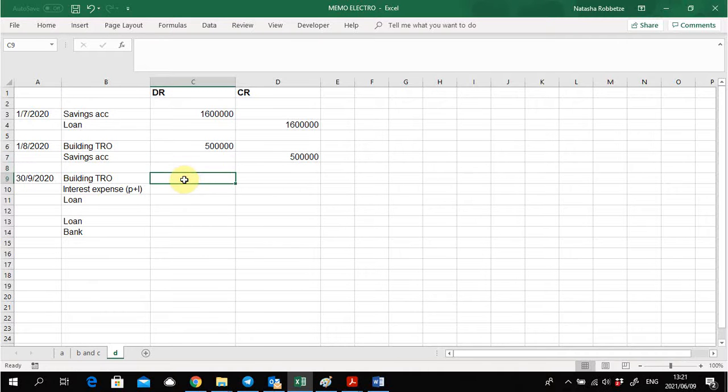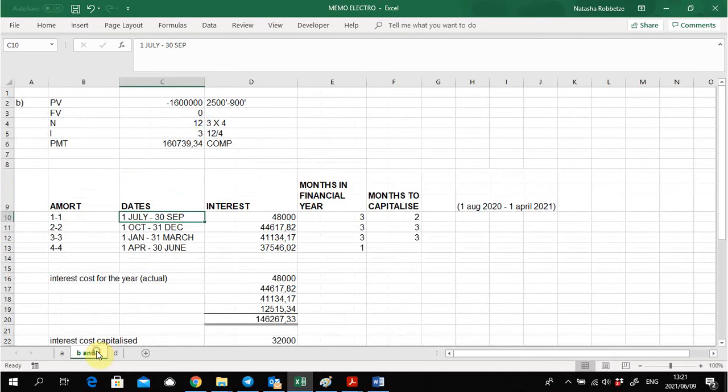Please mind that. Right, so now we need to go back and see, because typically this will be our capitalization entry. Then this will be our actual entry, and this will be our balancing figure. So if I go back to my calculations, I've said in this 3 months, the interest is 48,000 and 2 months of it can be capitalized.